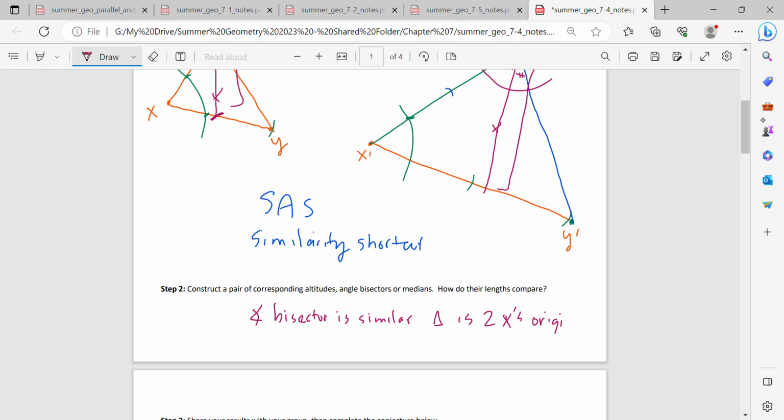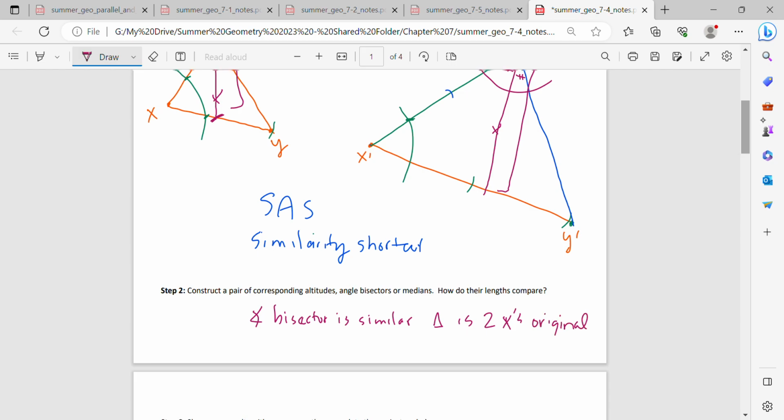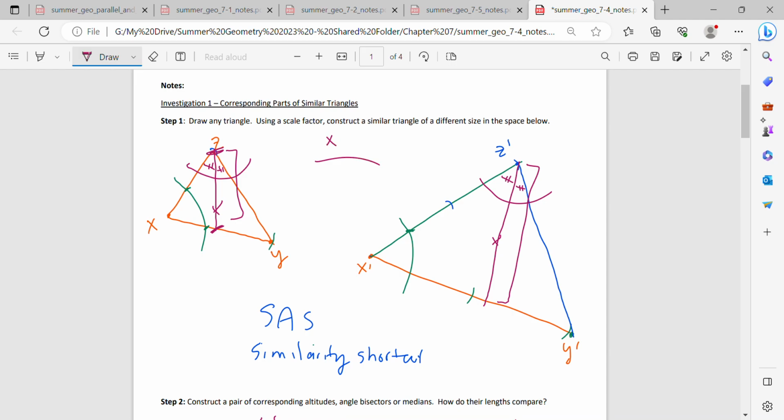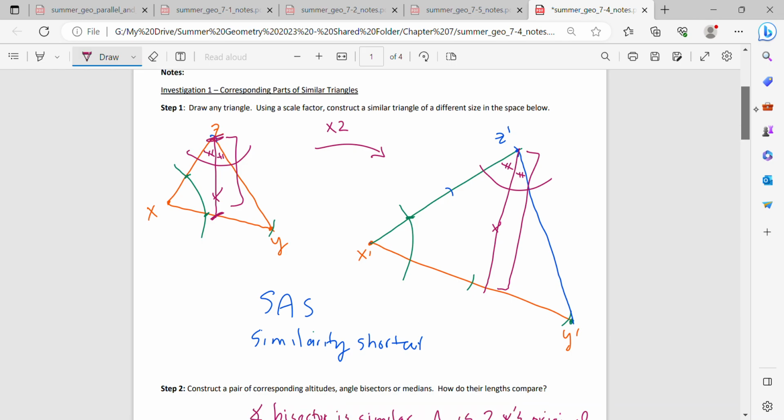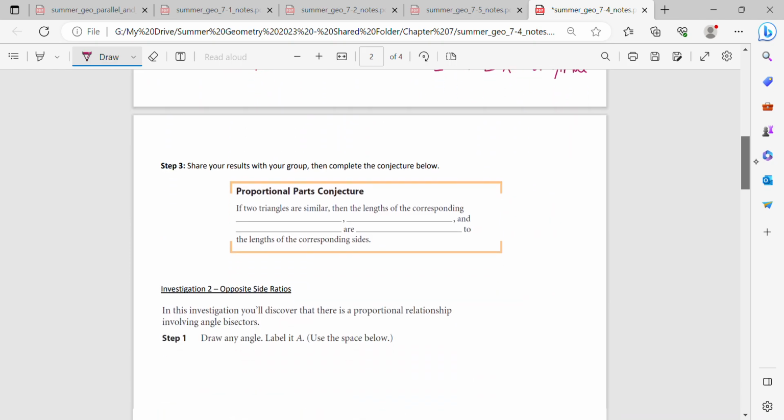And if you noticed, that corresponds with my scale factor of 2, right? The same thing should have happened whether you would have done an altitude or a median. And that leads us to our conjecture.